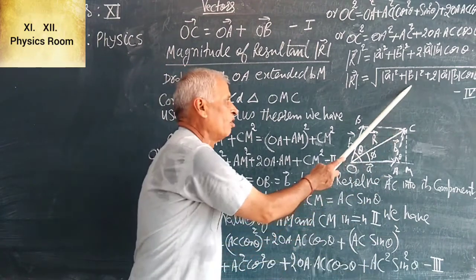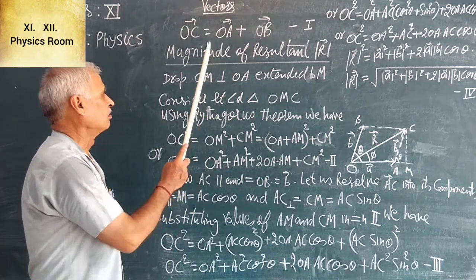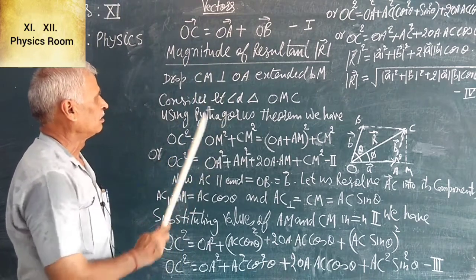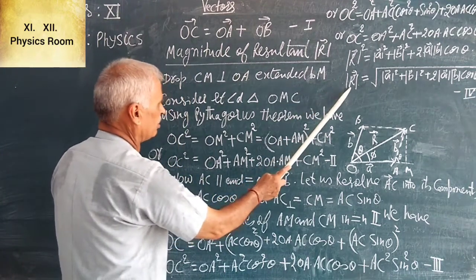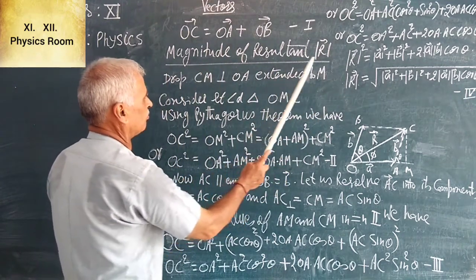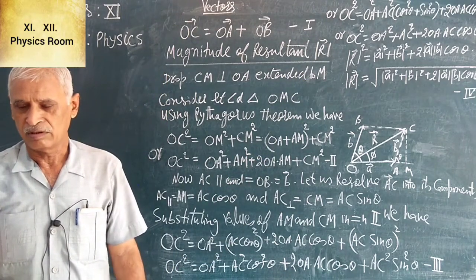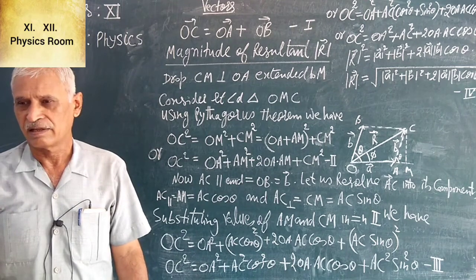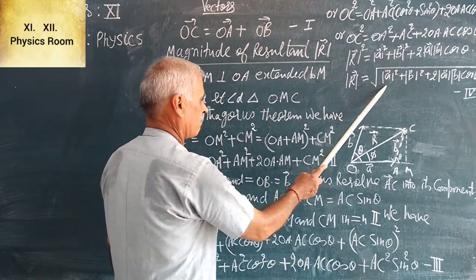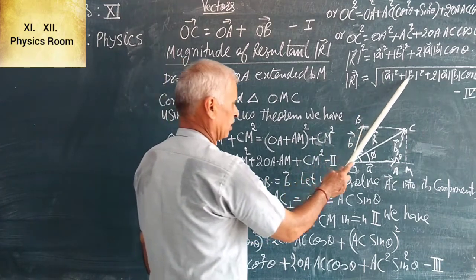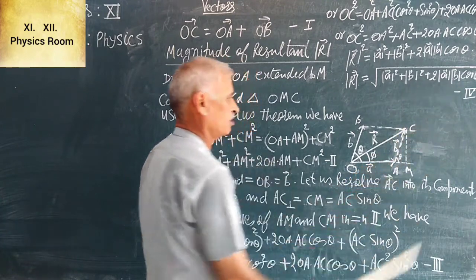Now equation 4 gives us the resultant of addition, and this equation gives us the magnitude of resultant r. So magnitude of resultant r is equal to under root of mod A square plus mod B square plus 2 mod A mod B cos theta.